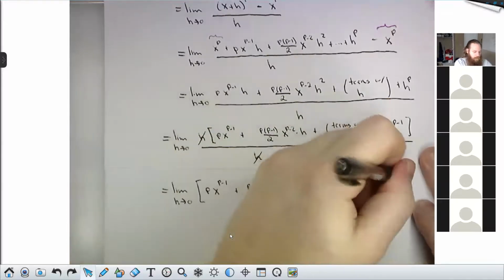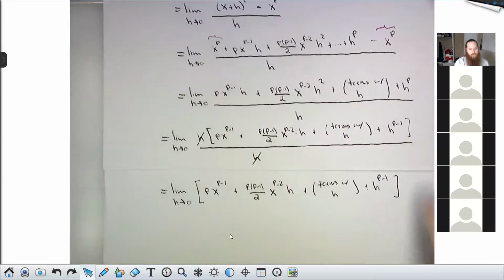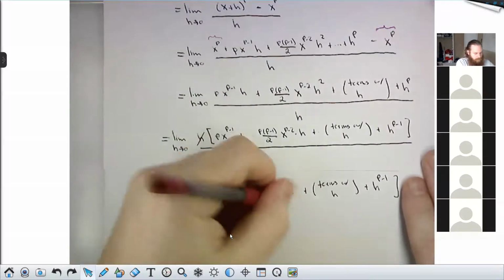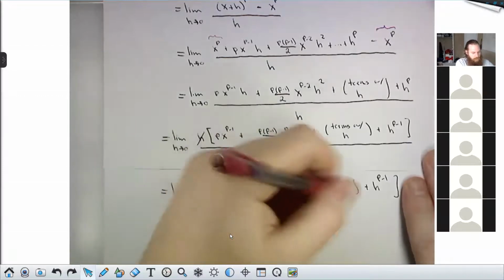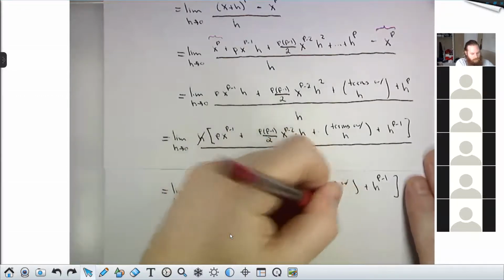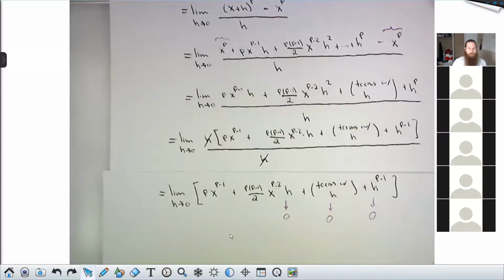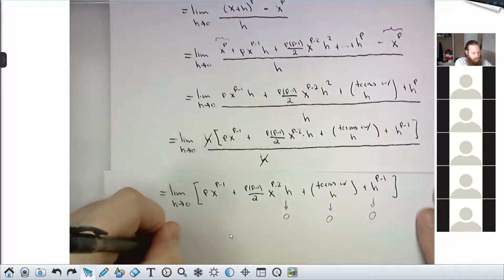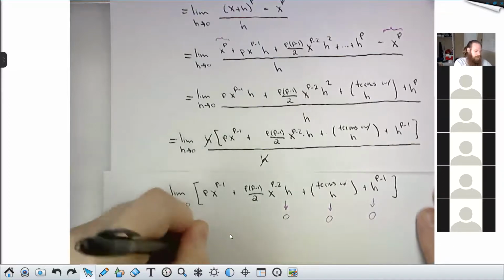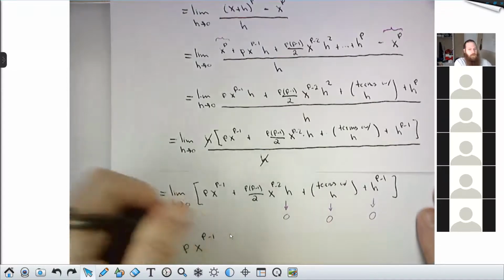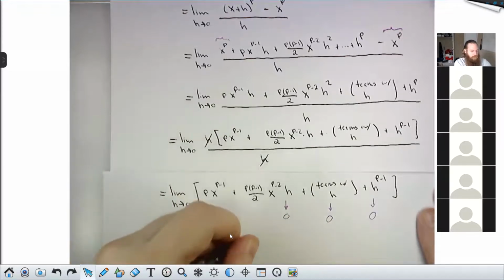Right, just the stuff that was in the brackets in the line above. But now this piece is going to go to 0. All of these are going to go to 0, because they all have h's. I'm sending h to 0. So the only term that survives is p times x to the p minus 1, and that proves the theorem.